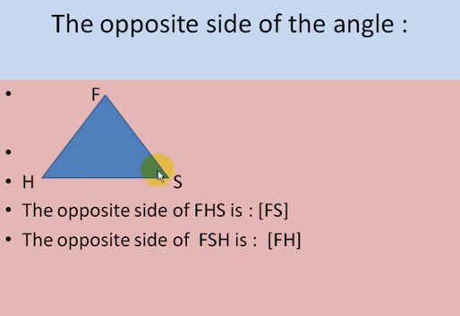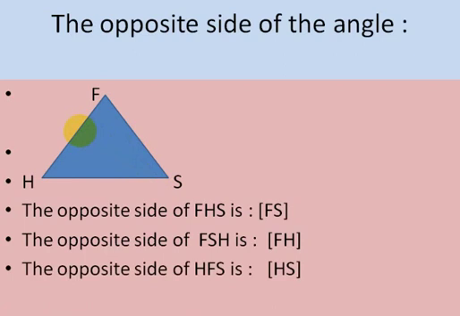That's the angle FSH. Which side is opposite to S? It's the segment FH. And let's find the opposite side of HFS. This angle F. So what will be the opposite side of F? The opposite side of F is HS. Segment HS.